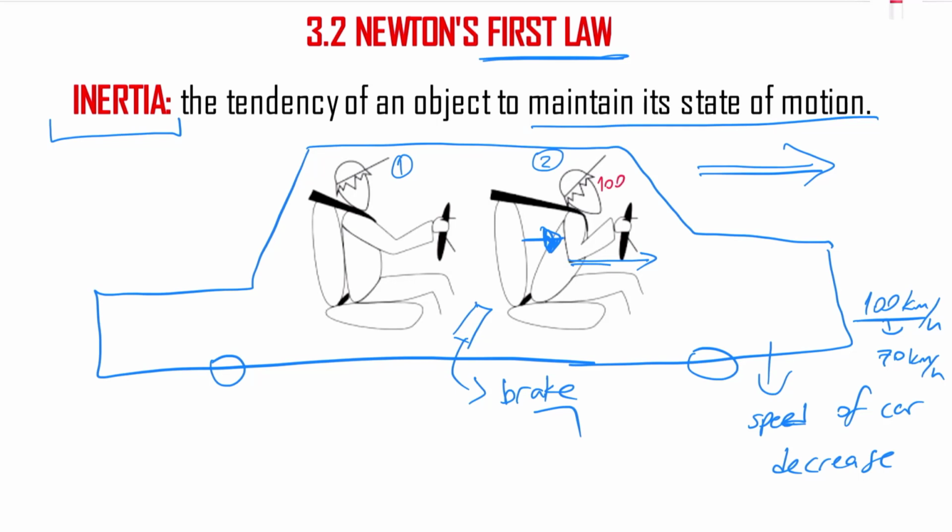The body may move out of the car through the front glass. Maybe you have seen some videos about it, but this is an important note on why we need a seat belt. So we have to fasten our seat belt when we are in the car, whether we are the driver or a passenger. In this type of case, our seat belt will keep us inside the car.